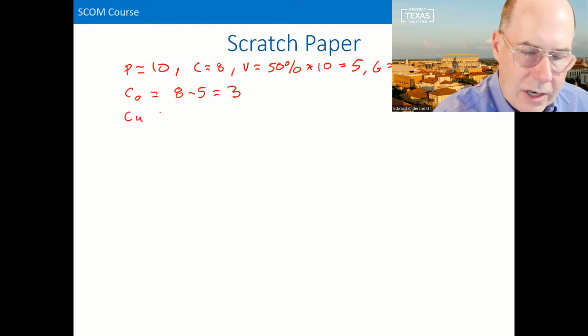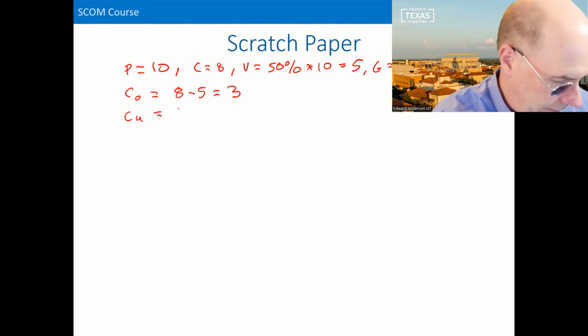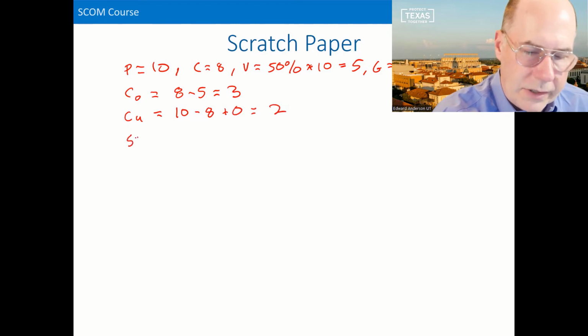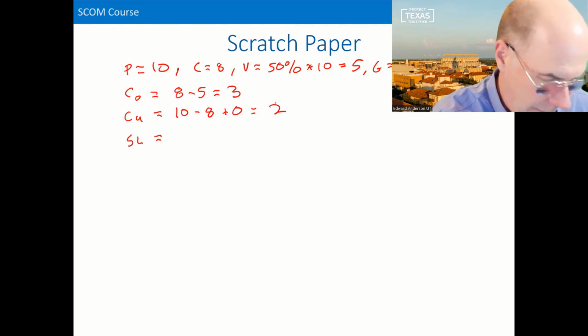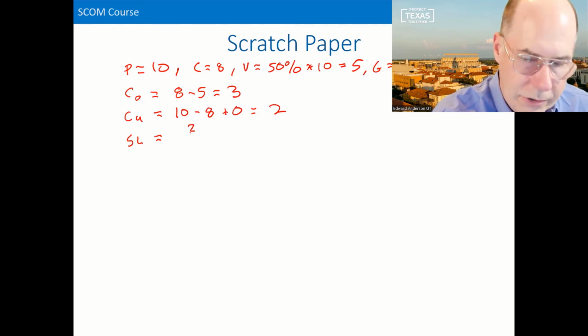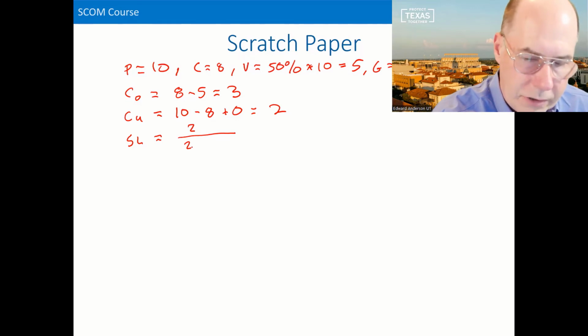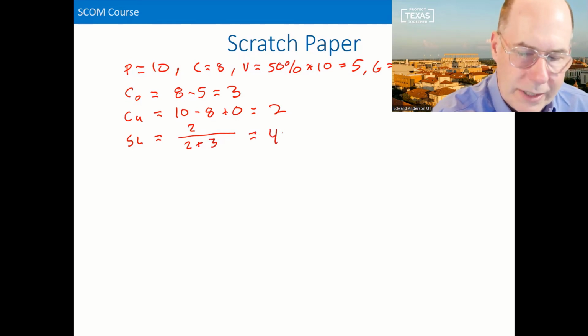Our underage cost equals 10 minus 8 plus 0, which is 2. So our service level is going to be 2 over 2 plus 3, or 40%.